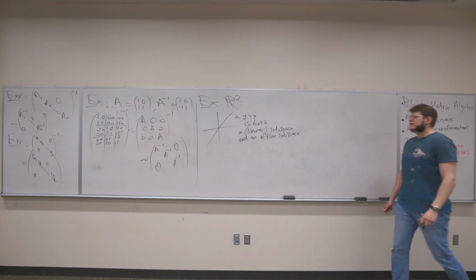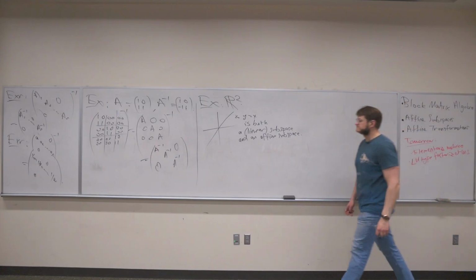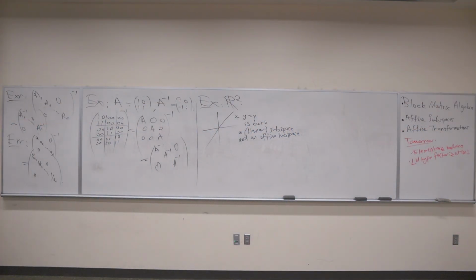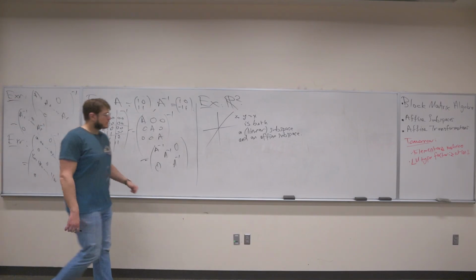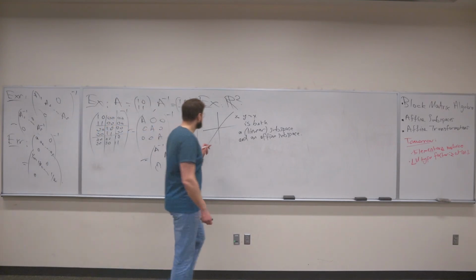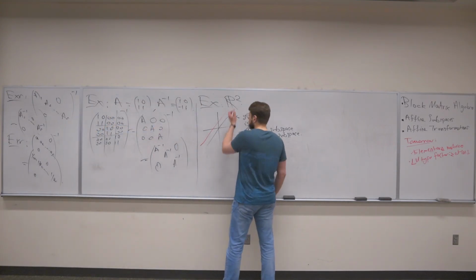But if I were to look at y equals x plus 1, then it doesn't pass through the origin. And even though it is still a line, it's not technically a linear subspace. It's an affine subspace. So y equals x plus 1, when x is 0, passes through 1, so it should be like this. Same slope, right?